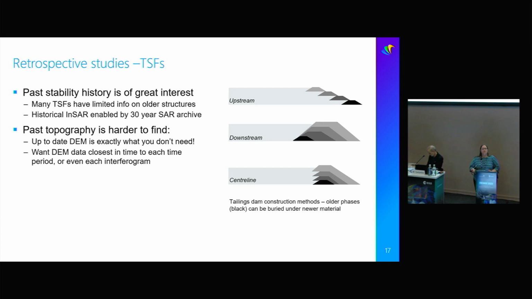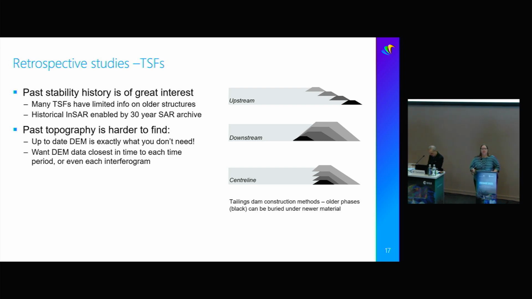And if you want to understand the stability of those existing structures underneath, you want to know you're on stable foundations. But sometimes past mine operators didn't keep records, didn't accurately record what they'd done, when they'd done it. So the satellite archive has a lot to add for that.